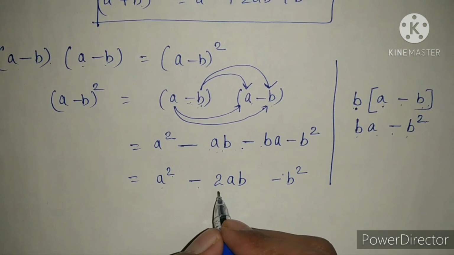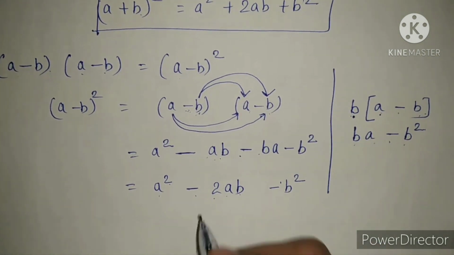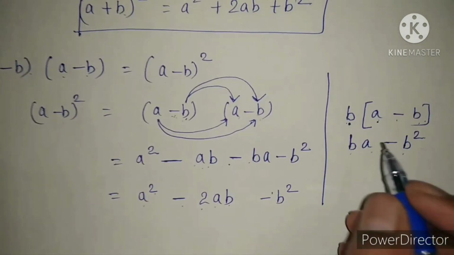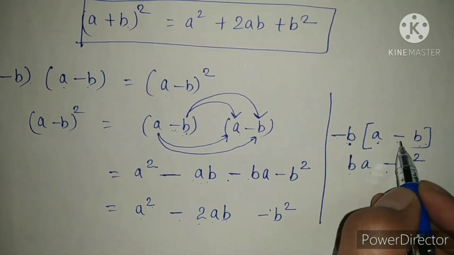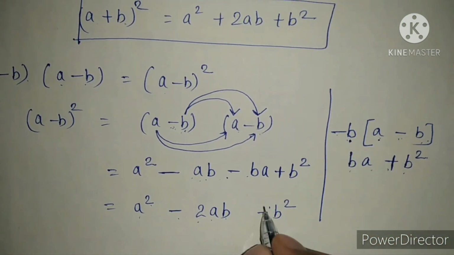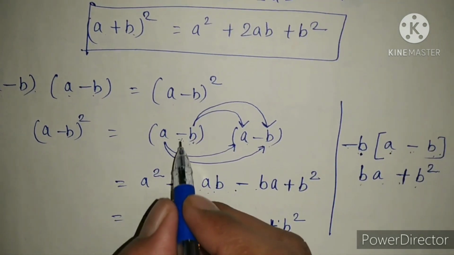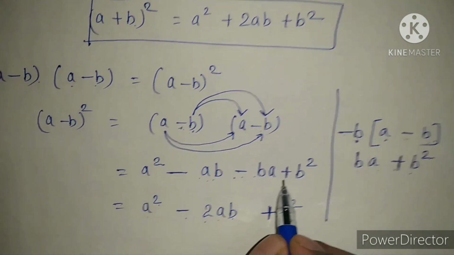So a square minus 2ab. Here you can see we have minus, so minus multiplying by minus will become plus. So here a plus symbol. Why does minus minus become plus? Minus into minus is plus.